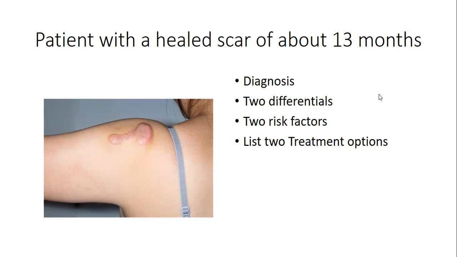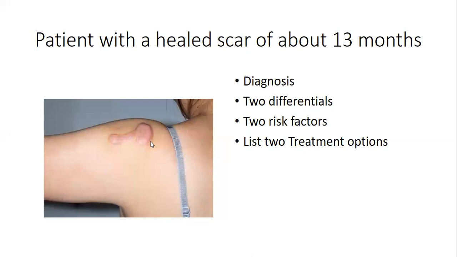What's the basic difference? They're almost the same thing; the difference is not histological, as they're almost the same histologically. In keloid, it usually grows beyond the margin of the wound. In hypertrophic scar, it remains within the margins of the wound. It doesn't grow beyond it.